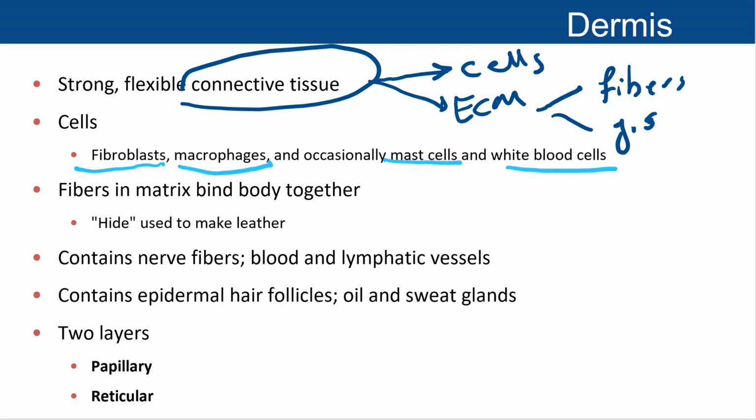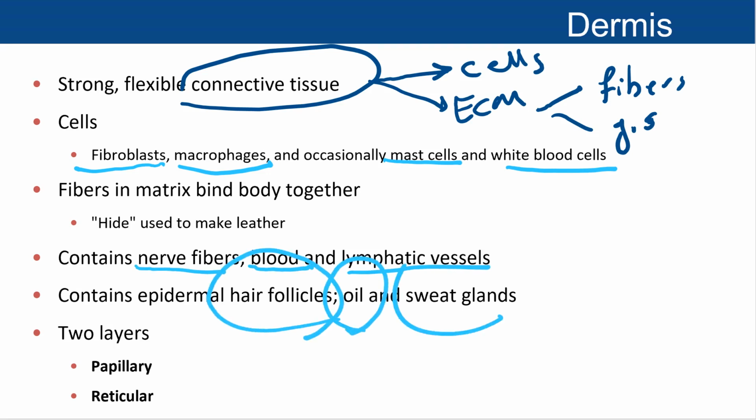There are also different types of fibers like collagen fibers, elastic fibers, and reticular fibers. It also contains nerve fibers, a lot of blood vessels and lymphatic vessels, and we can also find the hair follicles, oil and sweat glands in the dermis.